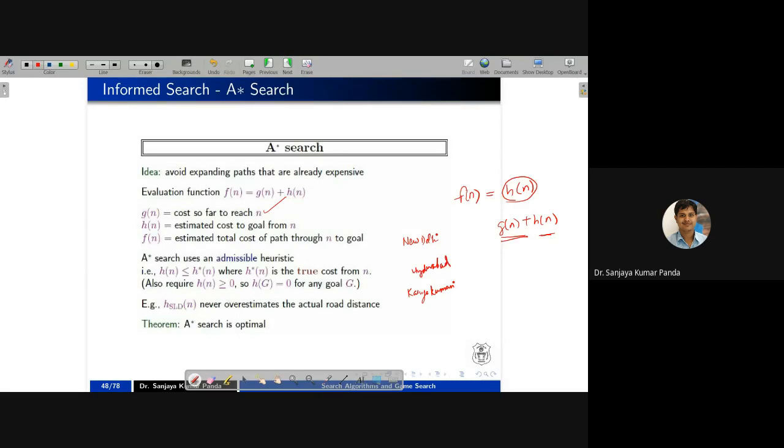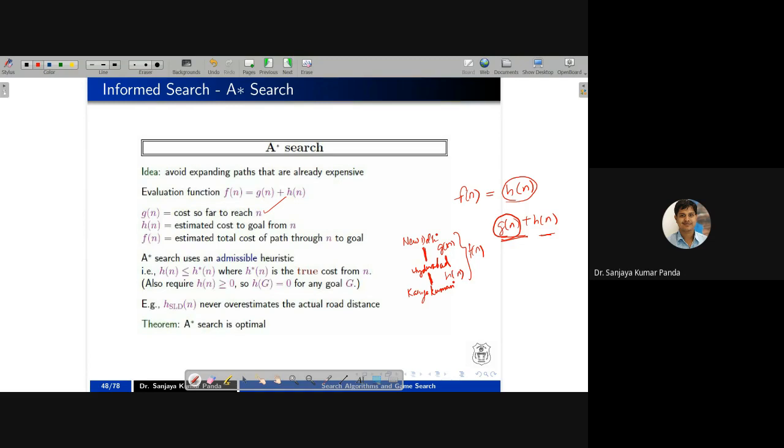In g of n, you have to calculate the cost from New Delhi to Hyderabad. And you have to calculate the cost from Hyderabad to Kanyakumari. This is called your g of n. This is called your h of n. Together we call that f of n.